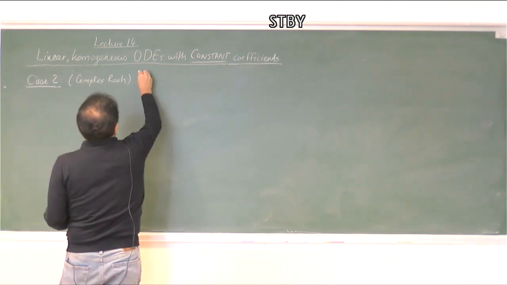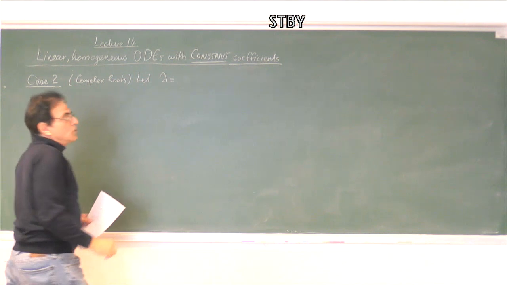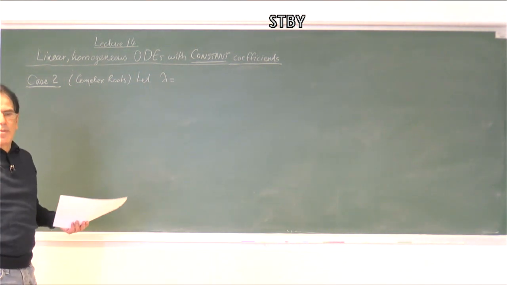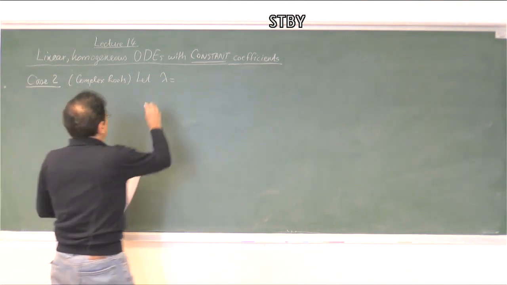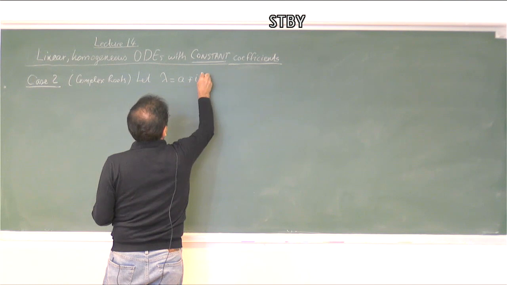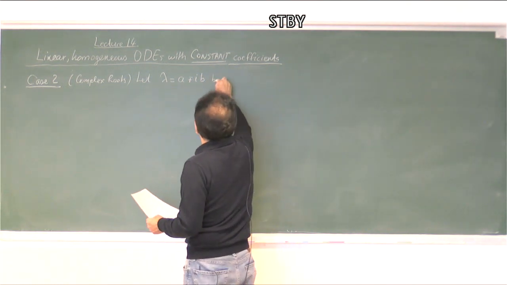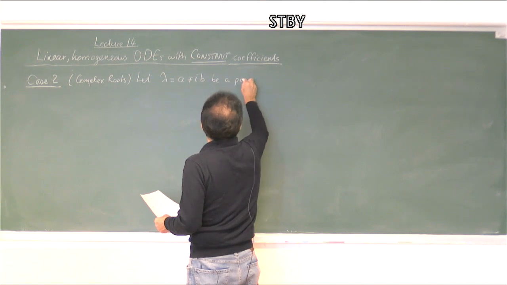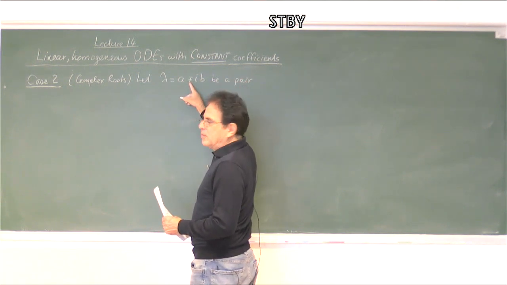Now, do not forget we propose a solution of the type e to power lambda t. Let lambda equal a plus or minus i b be a pair, and we know that complex roots appear in pairs.